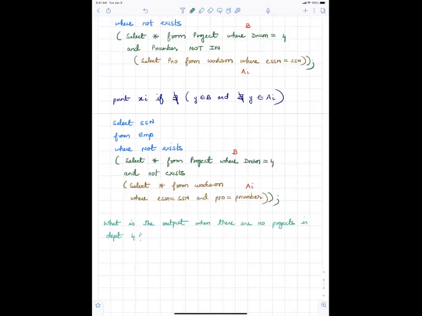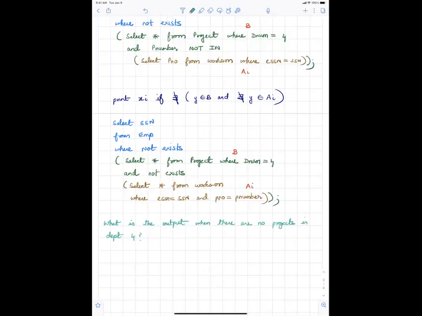I'm not going to tell you what the output is. This is one of those questions in your lab. I have given you the company.sql file. I want you to try it out. But before you try it out, I want you to think and figure out what output you would get if there were no projects in department 4.